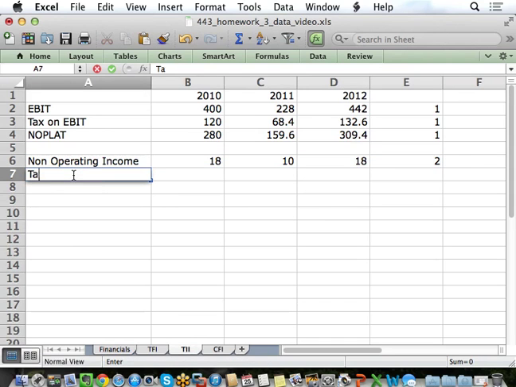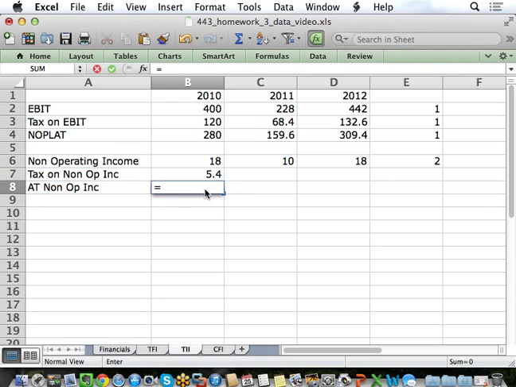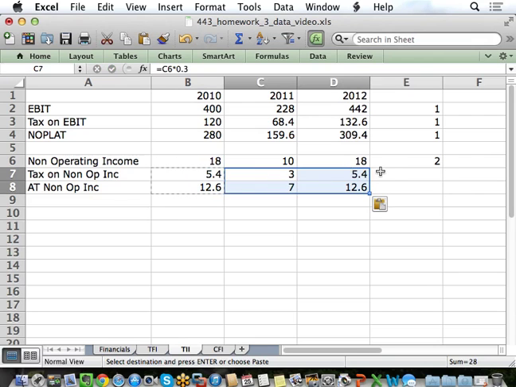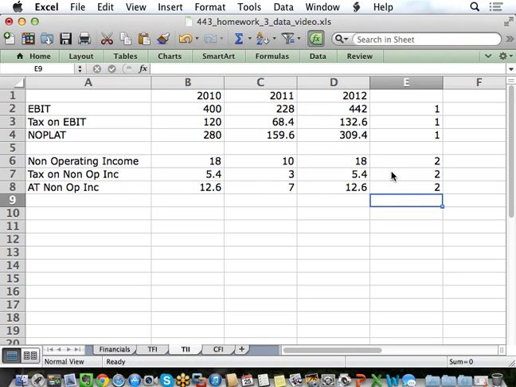So my tax on non-operating income, at a 30% tax rate, would get me my after-tax non-operating income. So my non-operating income minus the taxes, copy and paste that out for the 3 years.